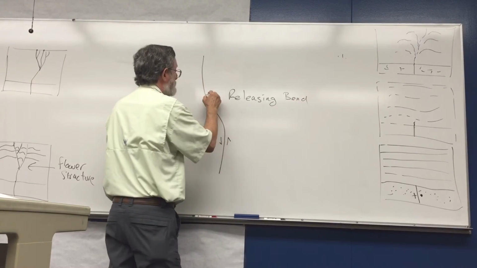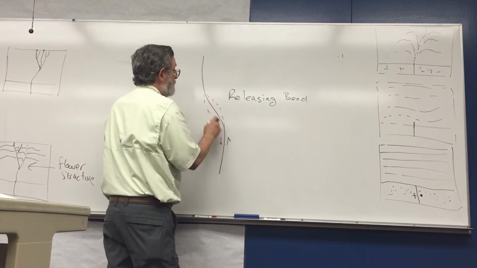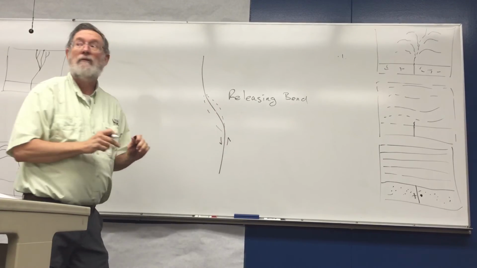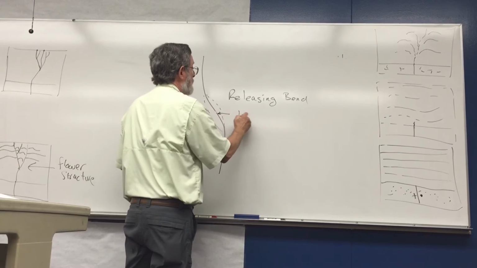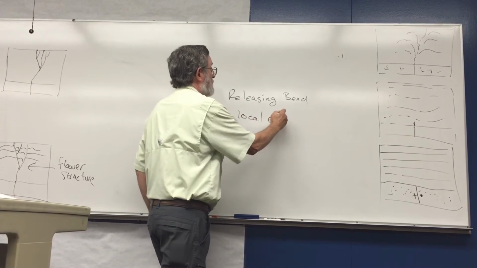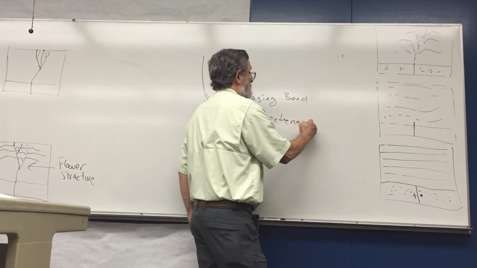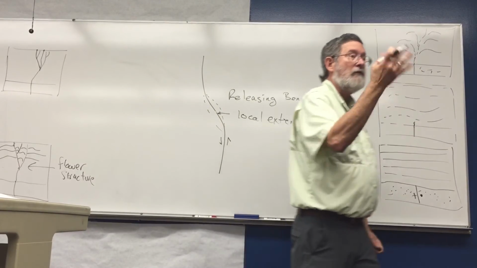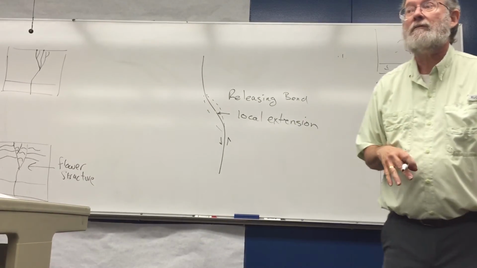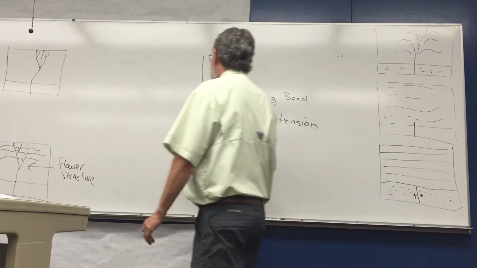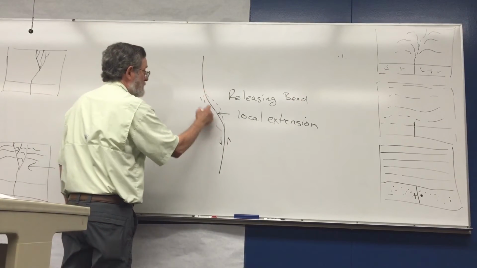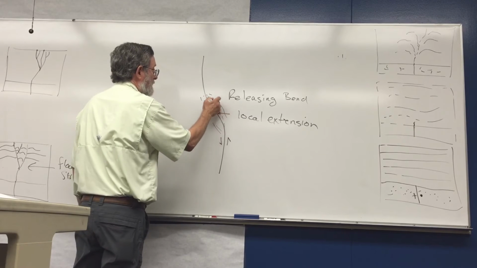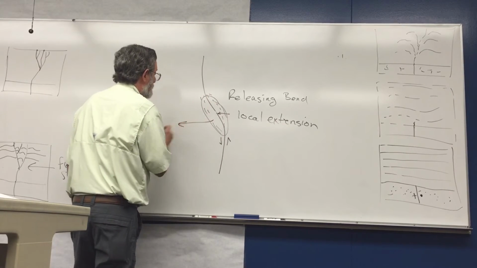It will tend to open up right in that zone. This will be an area of local extension. And it will start to fill up with sediment. And so that can develop into a region that has localized sedimentation.